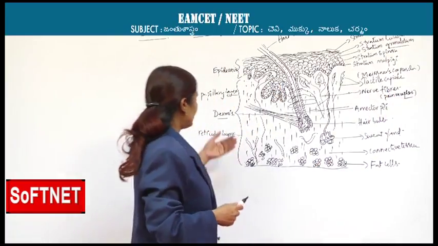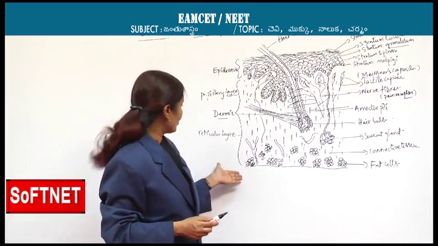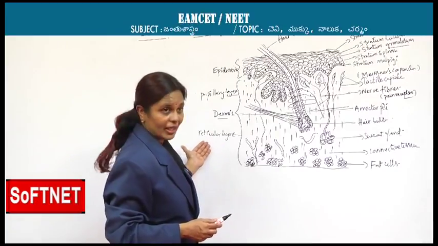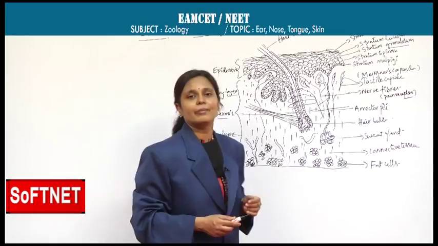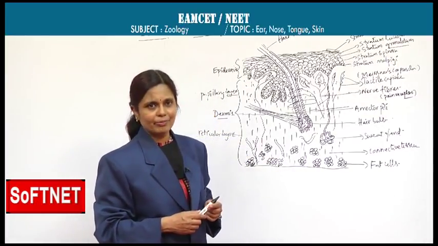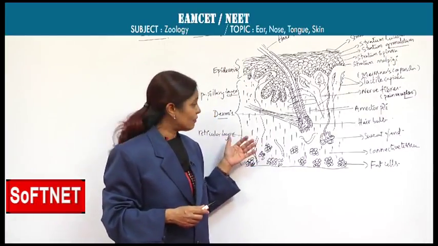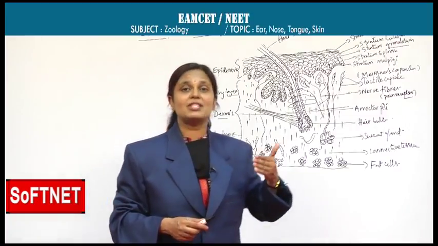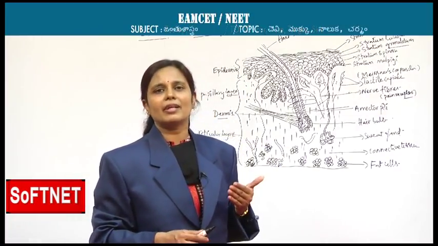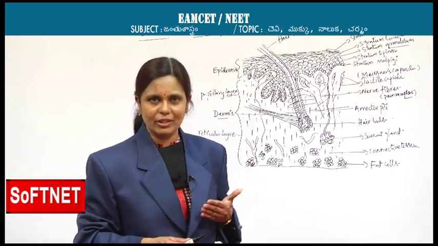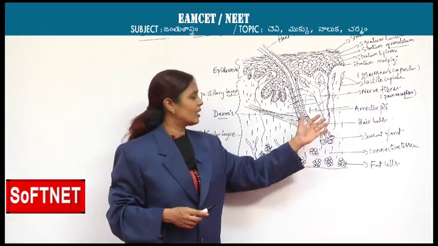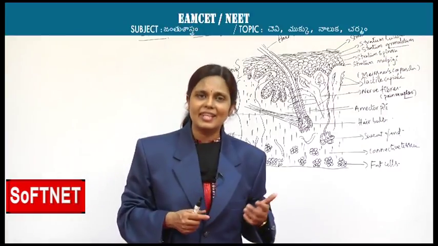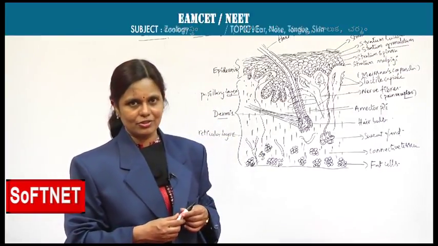The same way, when you come to this lower layer of dermis called as reticular layer, it is made of dense fibrous tissue. Dense fibrous tissue means what? The matrix is completely packed with bundles of collagen fibers. Apart from that, there are also elastic fibers scattered in different directions.